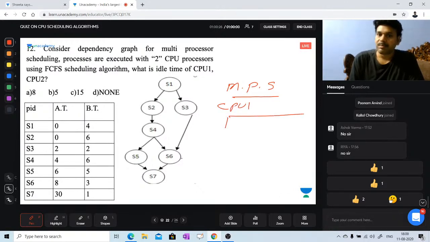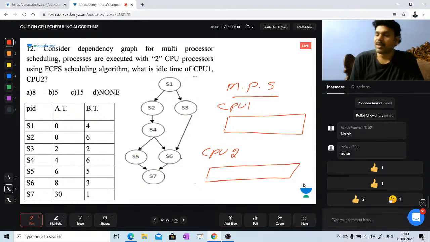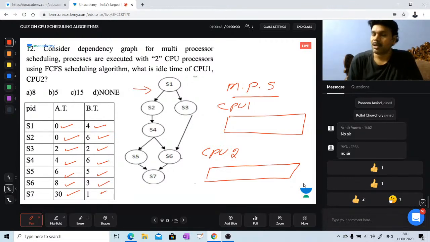CPU 1, as well as you can make use of CPU 2 also. And there are a total of 7 processes that have arrived at different time units with different burst times. But you need to follow this graph properly. What is this graph? Please understand.